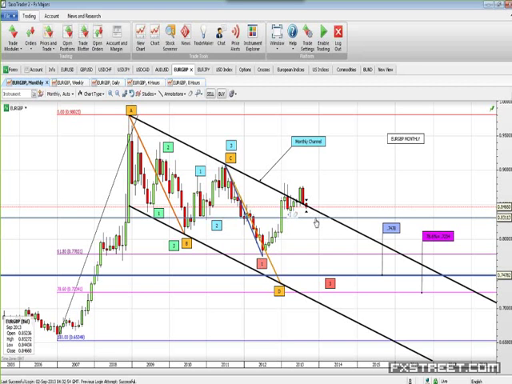What I am looking for is this Marubozu level, which is coming in around sort of 83.10, 83.20. It's also a relatively decent area of price action. Monthly, we didn't quite engulf, but we are breaking back down inside this range.